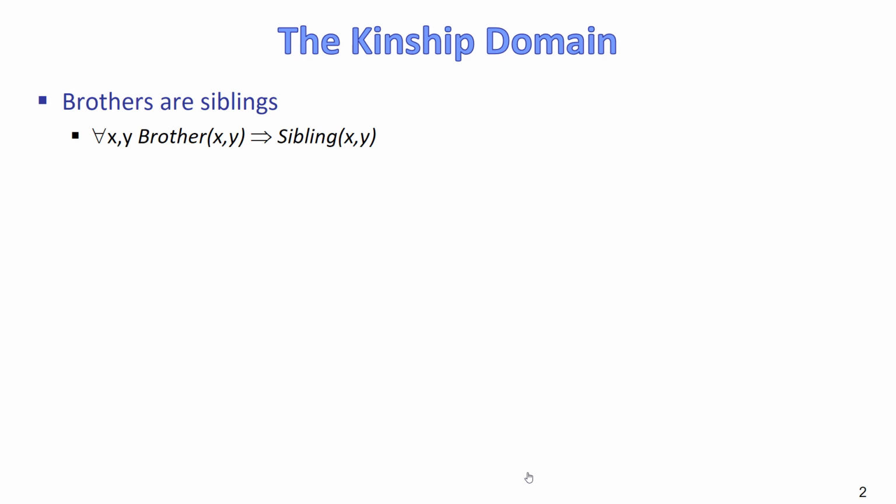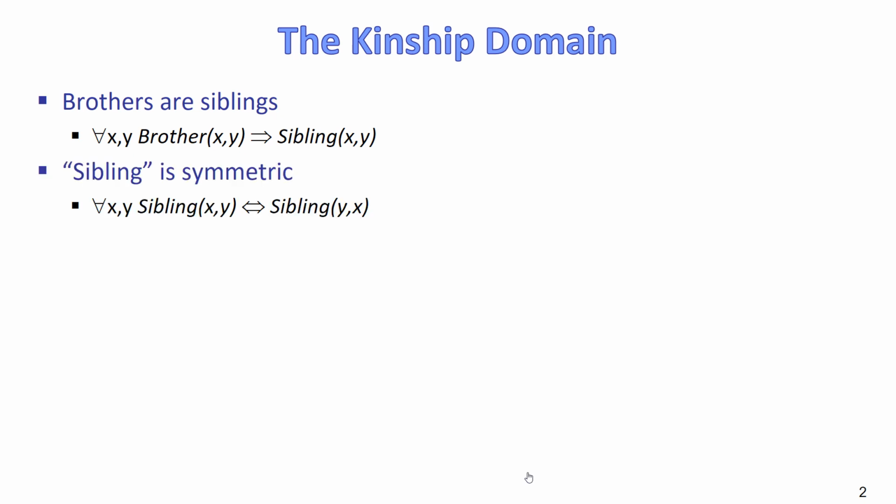If X, Y are brothers, then they are siblings. We can also say that sibling is a symmetric relation. So if X is a sibling of Y, then Y is a sibling of X. That might look really trivial, but remember that predicates that refer to relations take the arguments in order.